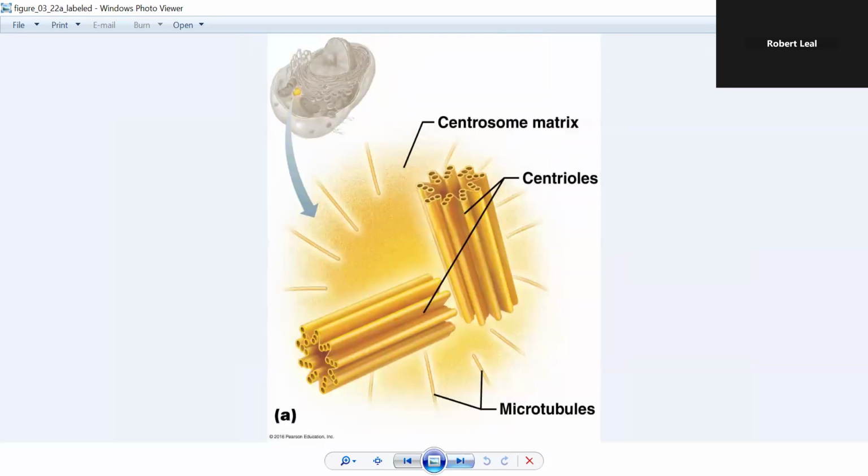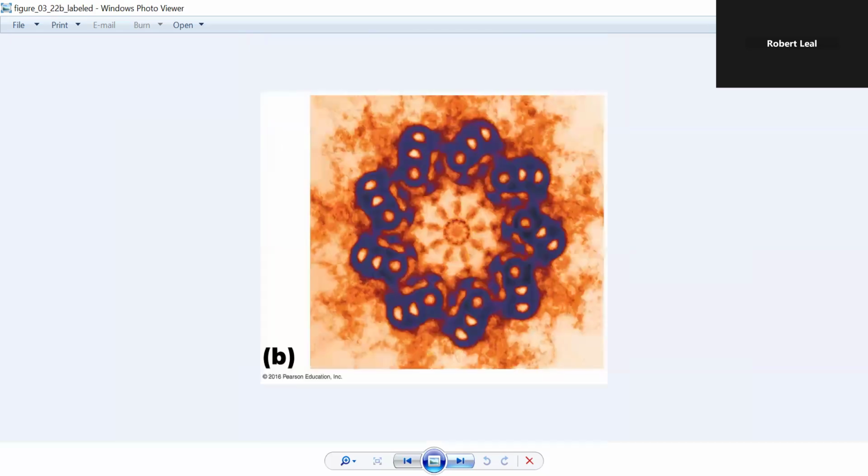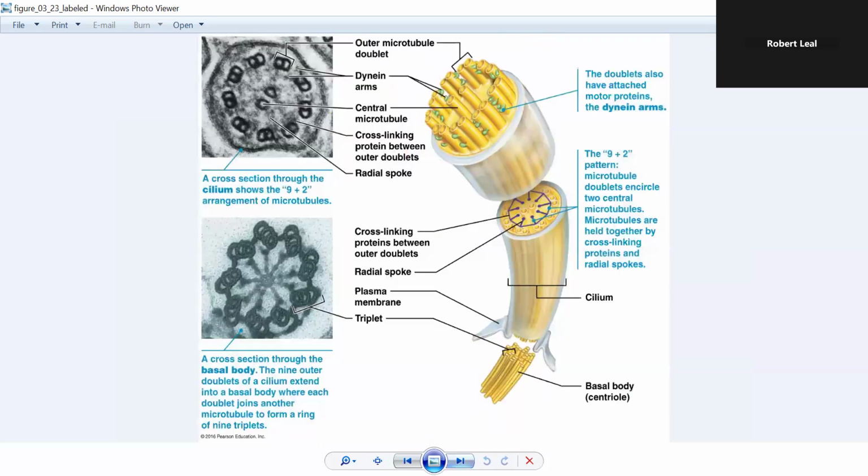Larger picture here of the centrioles made up of microtubules. Imagine that's an electron micrograph of the centrioles. Now, microtubules can also be needed in order to make what's called cilia. Cilia are proteins, kind of like hair-like projections, like in your trachea, that are going to help propel mucus.